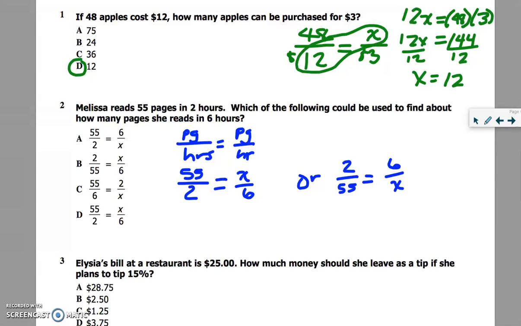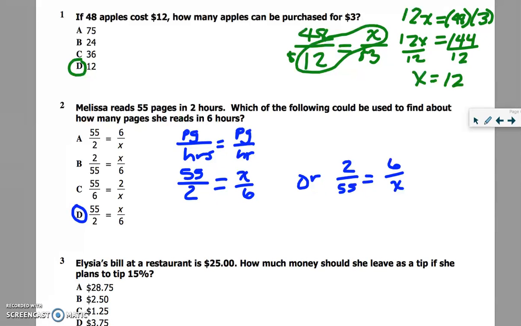So let's look again. 55 over 2 compared to 6 over X? No, that's not it. 2 over 55 compared to X over 6? No, that's not it either. 55 to 6 compared to 2 over X? That won't work. 55 compared to 2 is equal to X over 6. There we got it. Keep it moving.